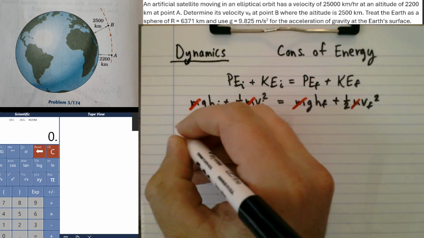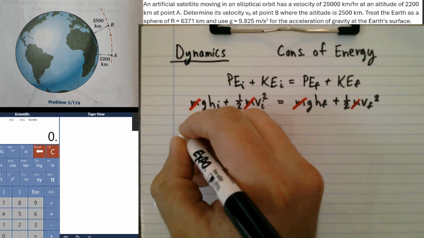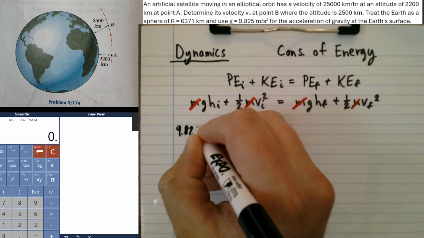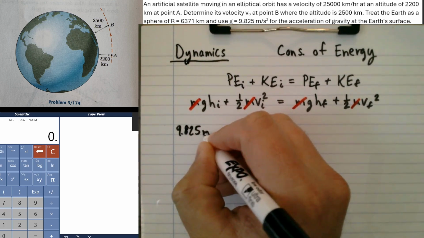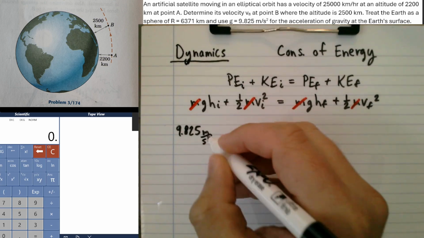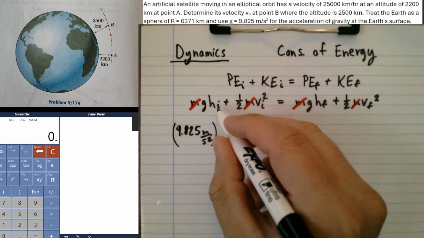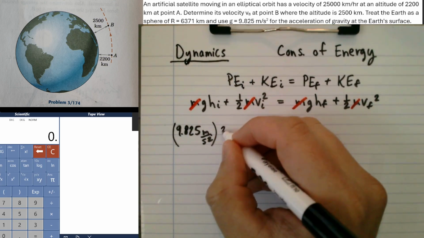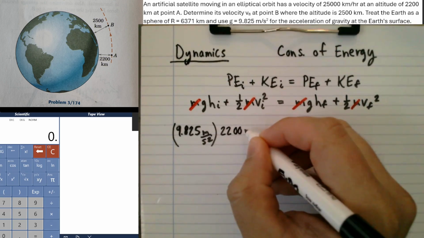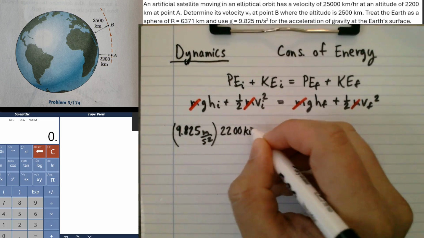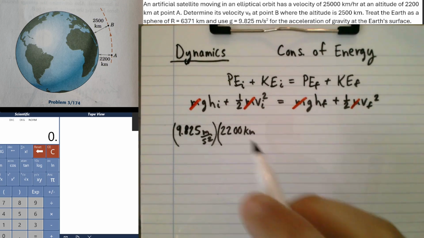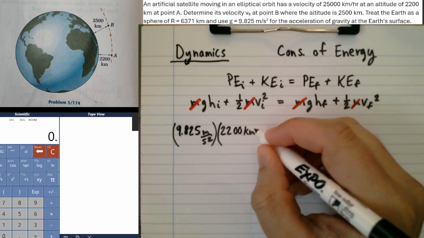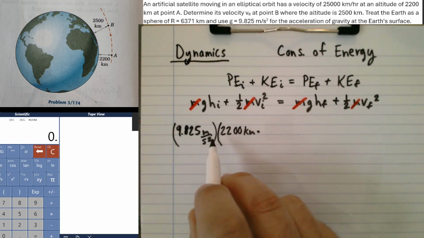So we know our g is going to be 9.825 meters per second squared. We multiply that by the initial height of the system, which is 2,200 kilometers. Now, one thing that's important to pay attention to is that our height here is in kilometers, but our g value is in meters.